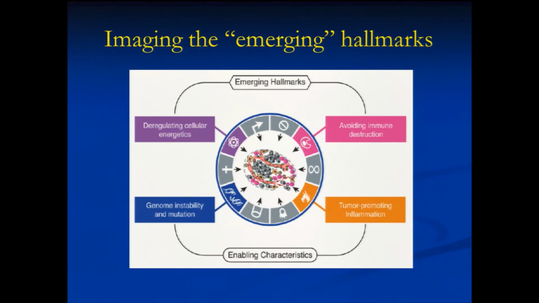But although there's been quite a bit of work in terms of tracking immune cells with MRI and other methods, I think that avoiding immune destruction and tumor-promoting inflammation are two areas where we can look for new ways to image this, by looking for tumor markers or ways to actually identify these regions related to others.